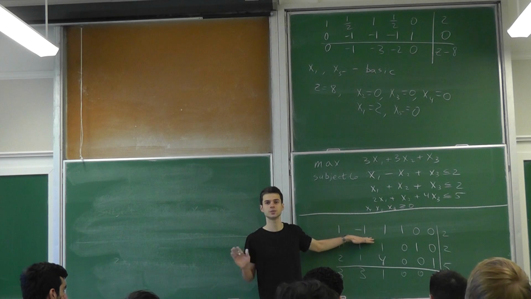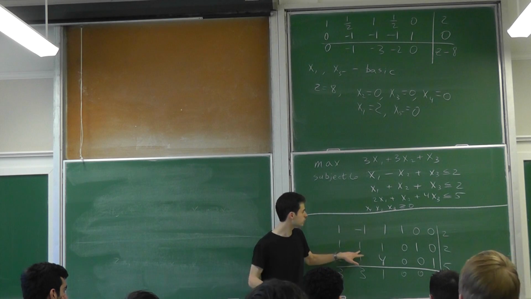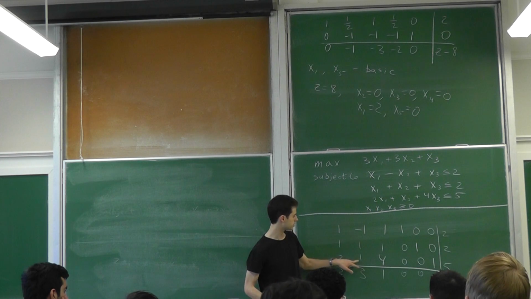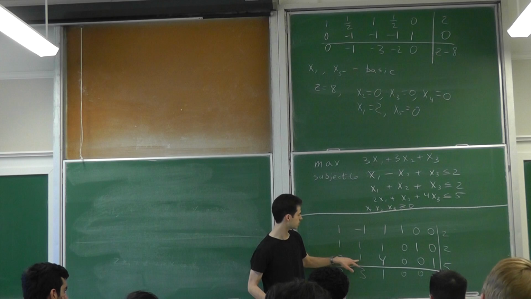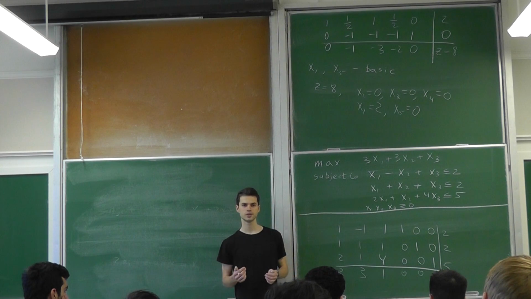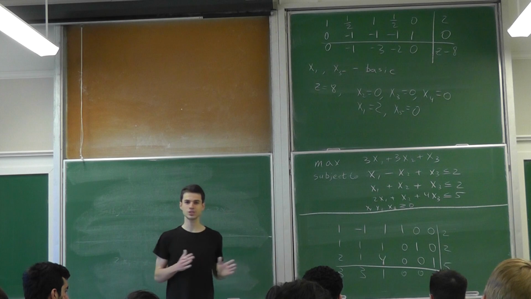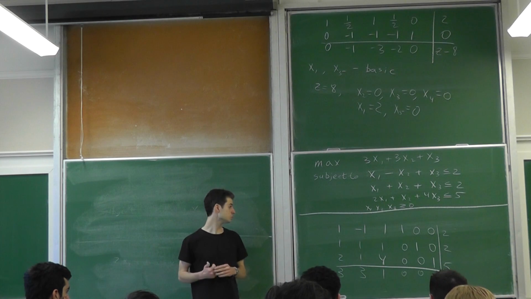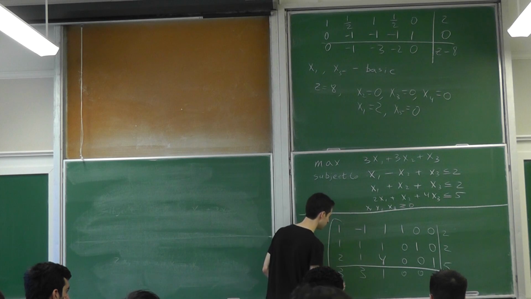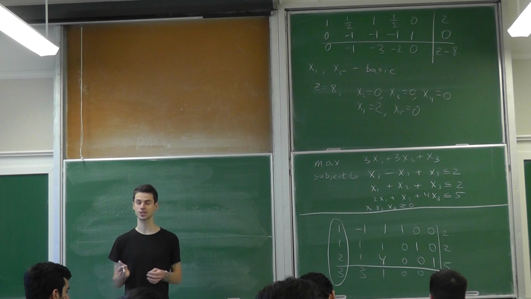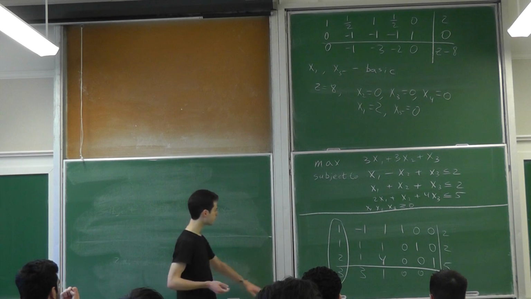So the first row doesn't tell me anything. The second row tells me you can increase x2 at most up to 2, and the third row tells me you can increase x2 at most up to 5 divided by 1, which is 5. So even in this way, I still have a tie. Both variables will increase up to 2. Let me make an arbitrary choice, or use a smallest-subscript rule, whatever.